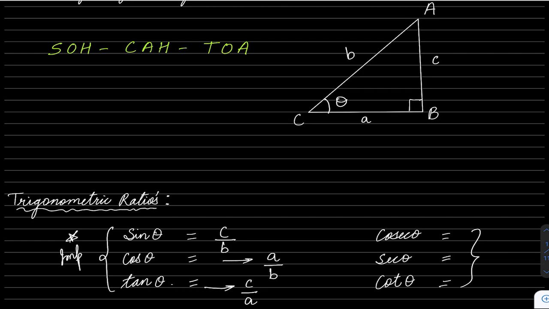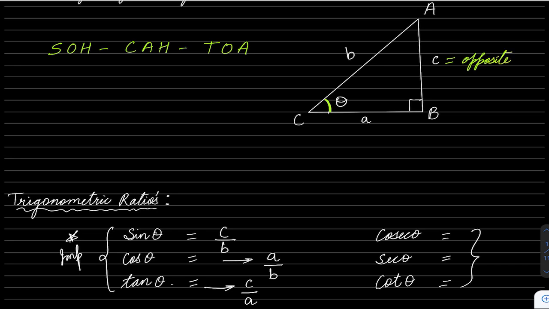First, always remember, this is very important, we will discuss this more in the next videos. But for now, just remember which angle we are talking about. We are talking about angle C, that is this angle theta. Everything will be with respect to this angle theta. Now, what is the side that is opposite to this angle theta? As you can see, if this is theta, then the side that is opposite to theta is c. So this side c is my opposite side.